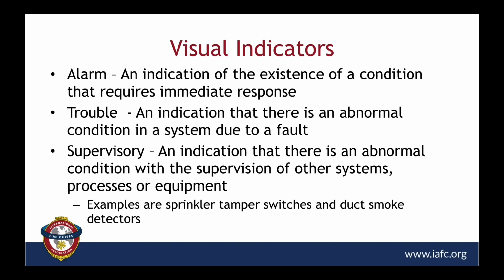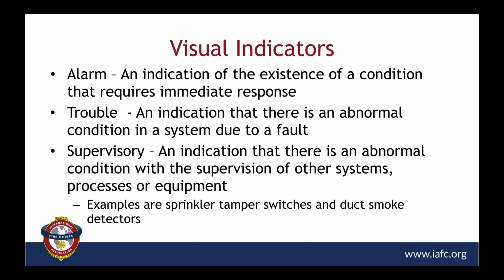But great examples of this are shown here. Tamper switches or duct detectors or low air switches. These are all switches that are doing their job the right way. When you close that sprinkler valve, shut that water off, that tamper switch is sending a supervisory signal to the fire alarm panel to say, I need some attention, and there's a serious issue here. Same with the duct detectors.